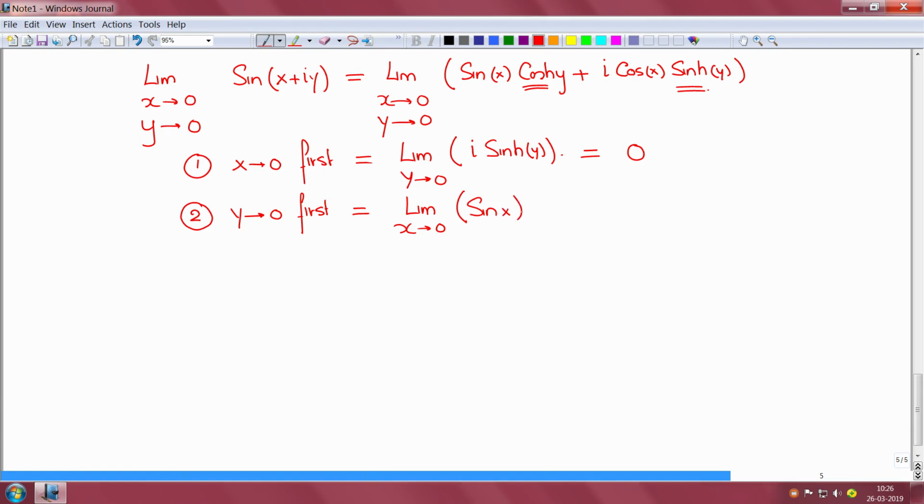Okay. For y equal to 0, cosh y is 1, and therefore we get 0 over here. So we get 0 in both cases.